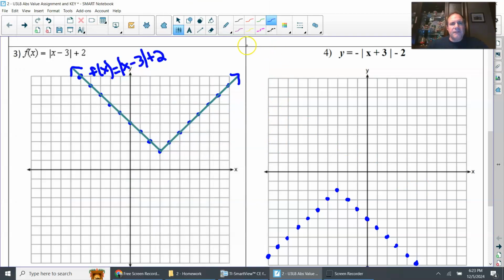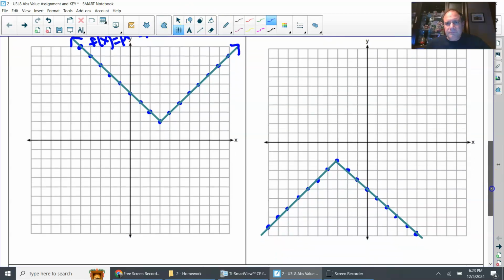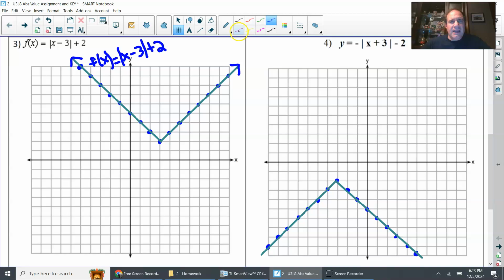So we have to connect our points. Remember, don't forget to put the arrows on each end because it goes on forever in both of those directions.